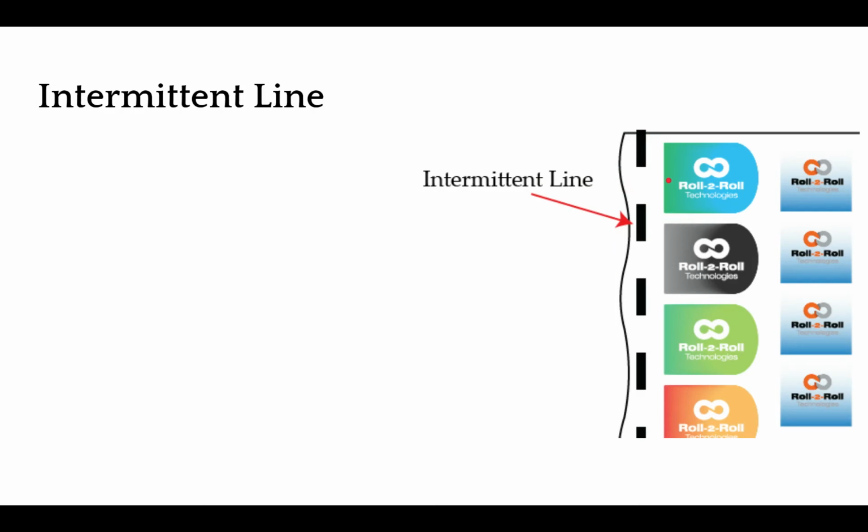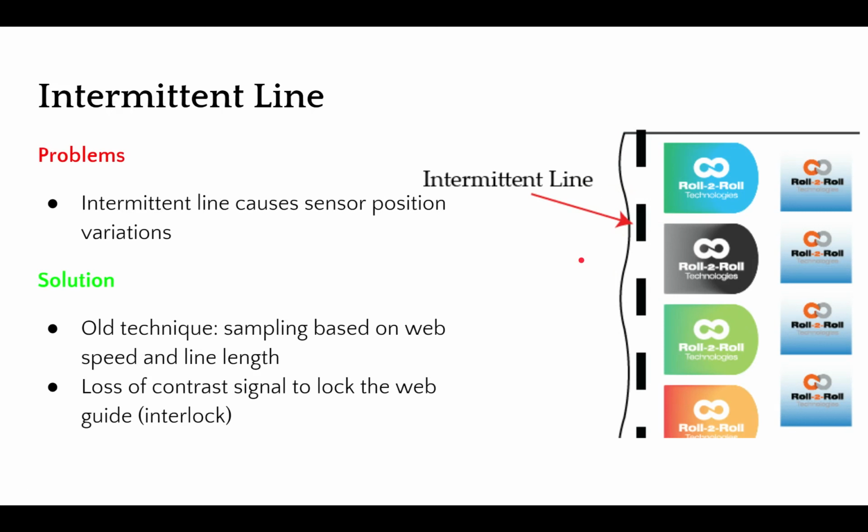So this is a problem, and there are a couple of techniques to address it. One is to get some information about this line itself in terms of how long the line is and how fast the web is moving, so that you can have some kind of a sampling frequency, and then you can build in a timeout timer, so that you can say that, well, if the web is running for this long and I don't see a pattern for this timeout period, then do something.